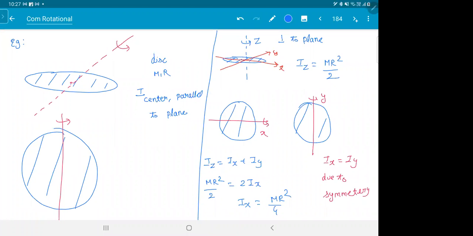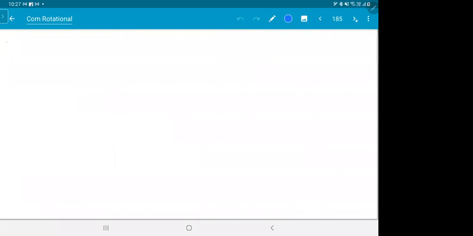Copy it. Let's say a problem. We have a ring of mass M and radius R. About this and about this are two different questions.